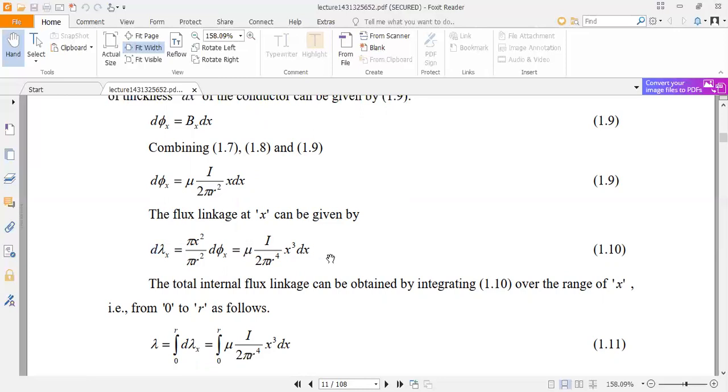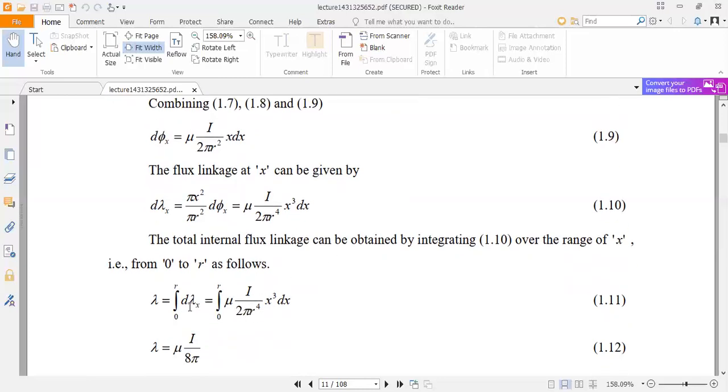If you want to calculate the total internal flux linkage, you have to integrate this formula. So we integrate with the limit from 0 to r. So we can get the value of the total internal flux, which is equal to mu I upon 8 pi.